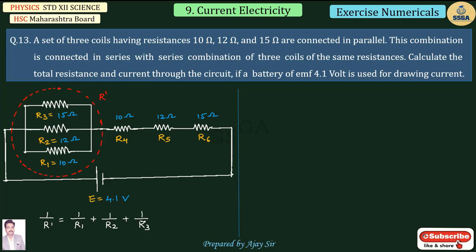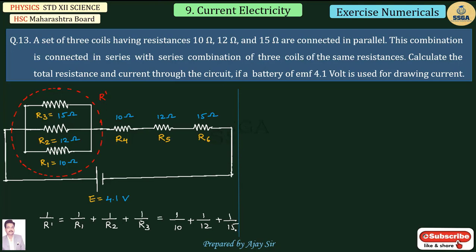Let us put the values: 1 upon 10 plus 1 upon 12 plus 1 upon 15. Now let us find the LCM. Multiplying 10 by 6 gives 60, 12 by 5 gives 60, and 15 by 4 gives 60.